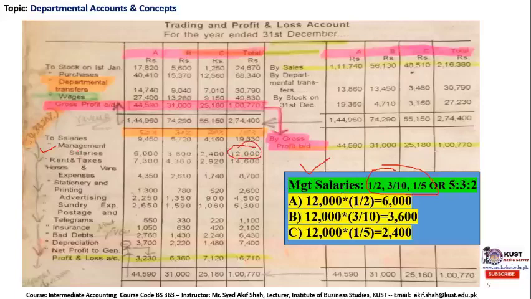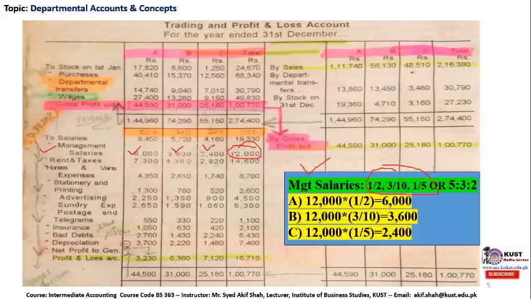So we multiply 12,000 by 1/2 and we come up with Department A's portion. For Department B it was 3/10, so 12,000 multiplied by 3/10 gives 3,600, and for Department C, 12,000 multiplied by 1/5 is equal to 2,400. If we sum up all these 3 values, we come up with 12,000 of management salaries.